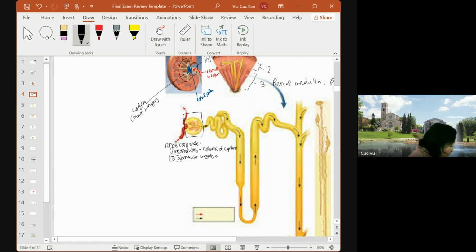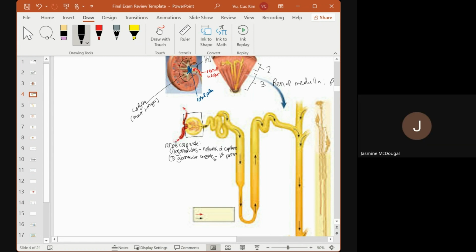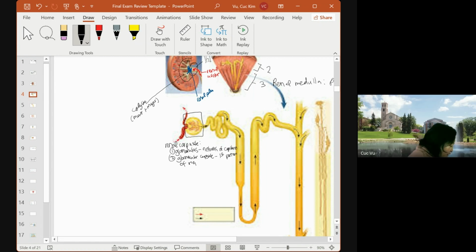The glomerular capsule technically is the first portion of the nephron. Think of it this way. Can you see my hand surrounding this tube right here?